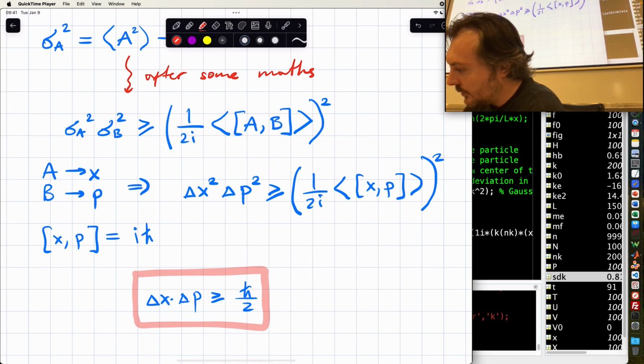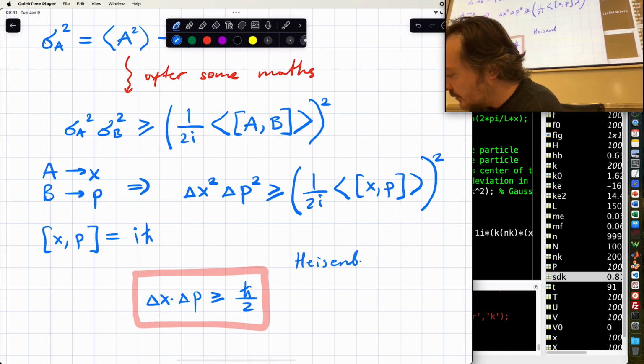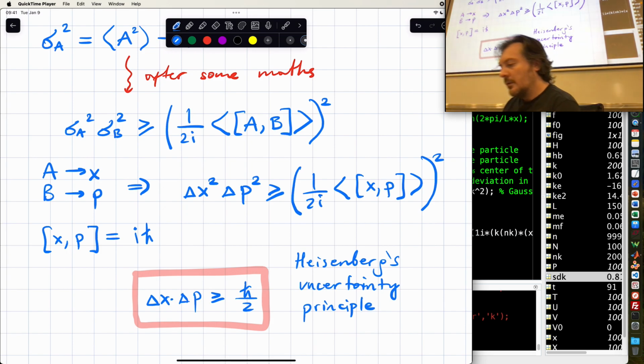Yeah, this is what we call Heisenberg's uncertainty principle. And it's a mathematical thing, okay?